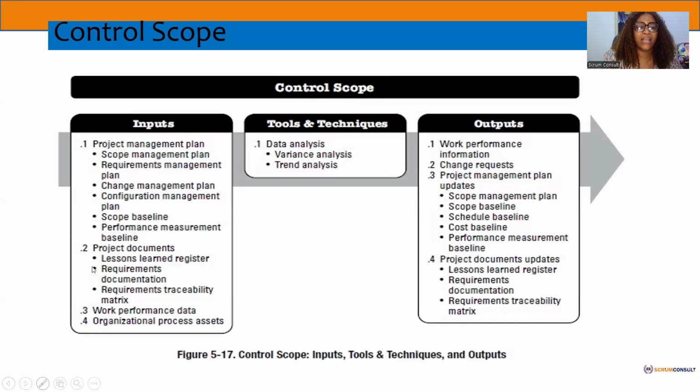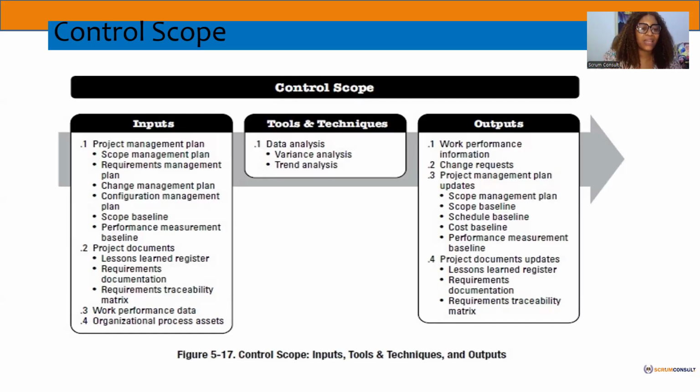Again, our tools for us to be able to control scope, we have here our plans. You see, different kinds of plans: change controlling, your scope baseline, performance management measurements. You're measuring your plan versus your actual cost, okay?